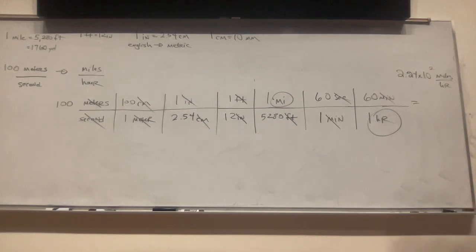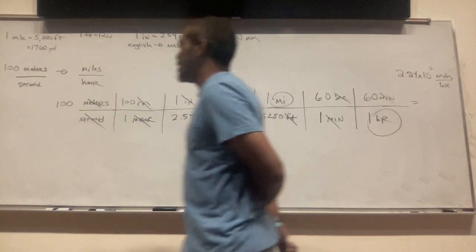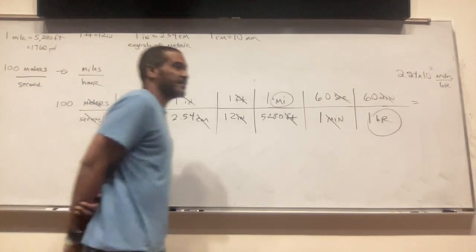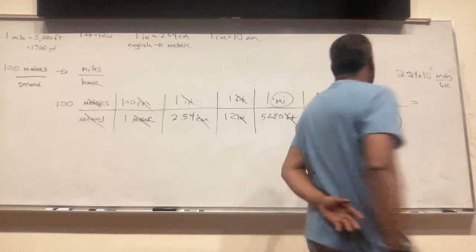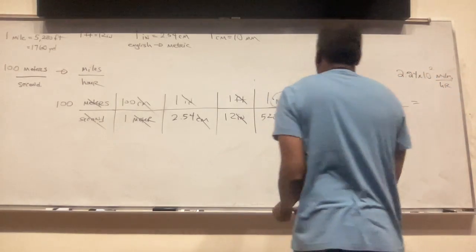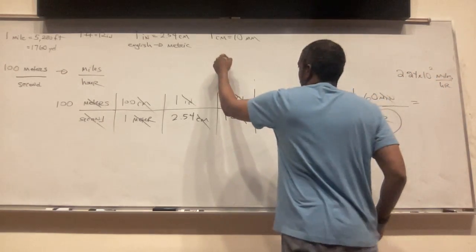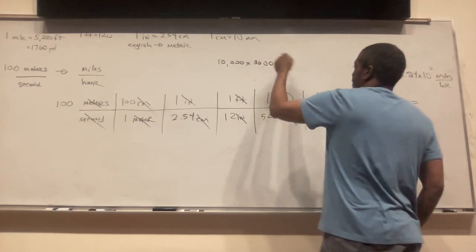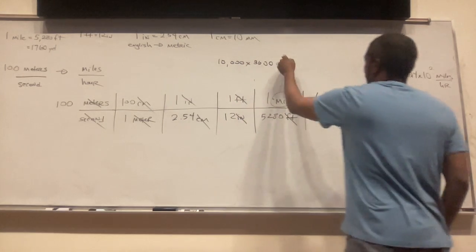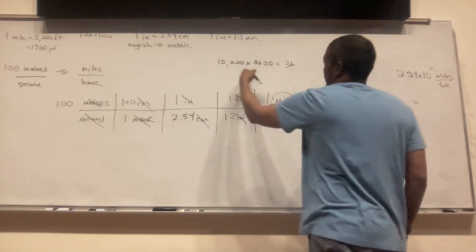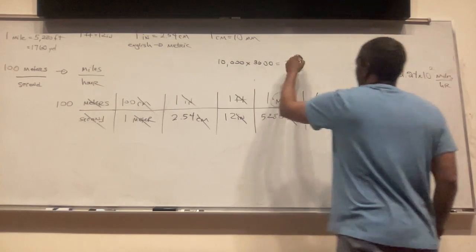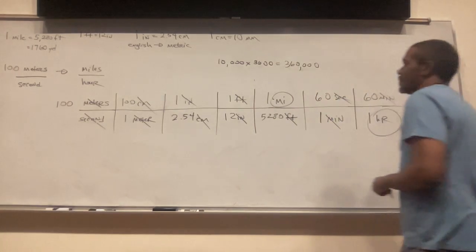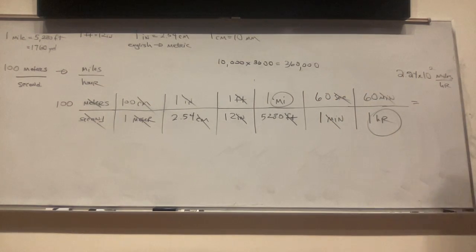We can redo it though. So 100 times 100, right? That's 10,000. 60 times 60 is 3,600, right? So 10,000 times 3,600, that's gonna give us what? It will give you 6 zeros.